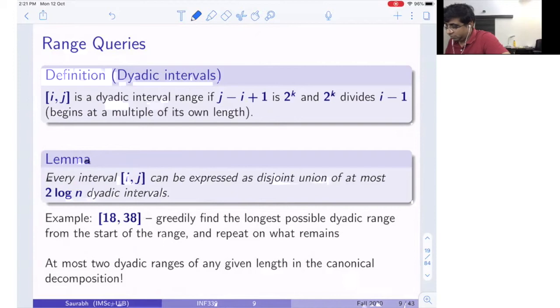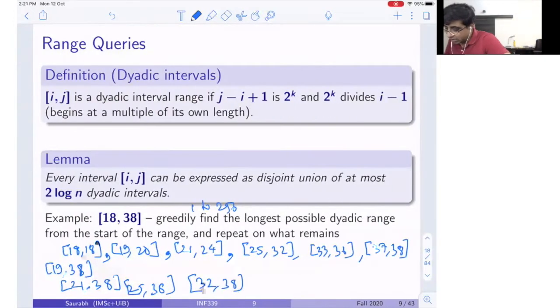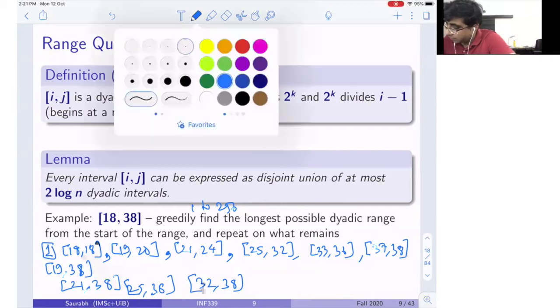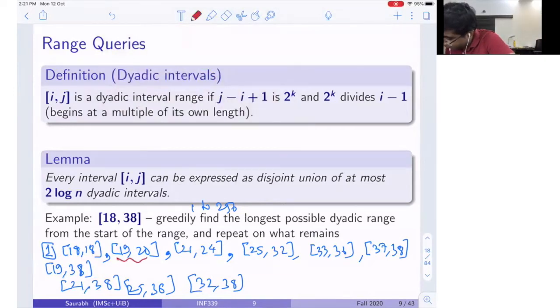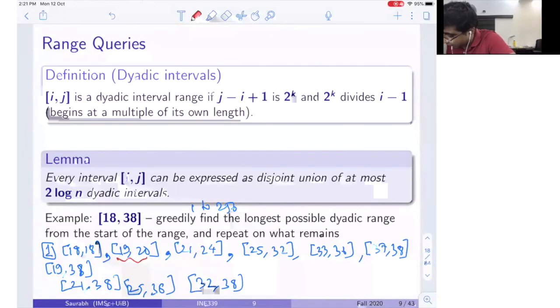So I am just saying that there are at most two dyadic ranges of any length in the canonical decomposition. Let's see. This is of length how much? 1. This is of length 2. How many of length 2 are there?